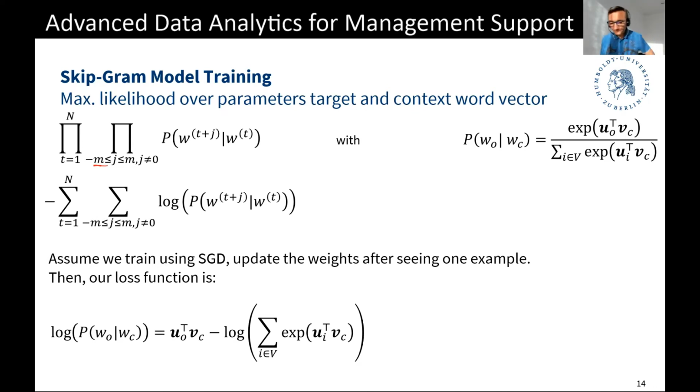And again, we go the same number of steps to the right of our target word to obtain the overall context in the sentence, let's say. All the words that are occurring in the context of our central target word.